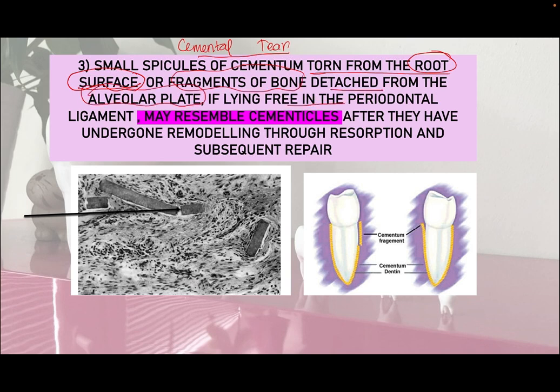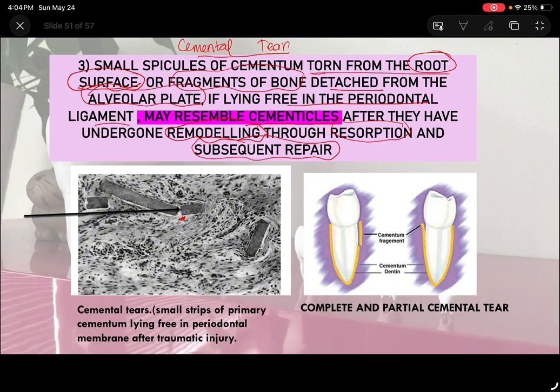If they lie free in the periodontal space, they may resemble cementicles after they have undergone remodeling through resorption and subsequent repair. You can see here the cemental tear, and these are small strips of primary cementum lying free in the periodontal space after traumatic injury.